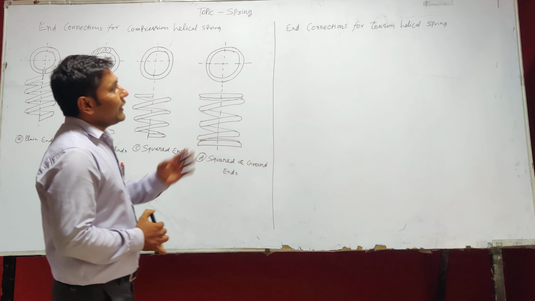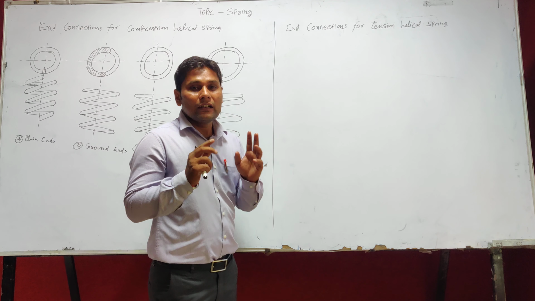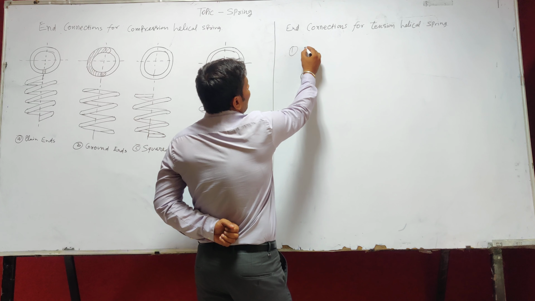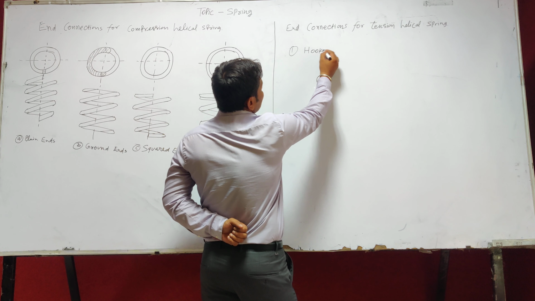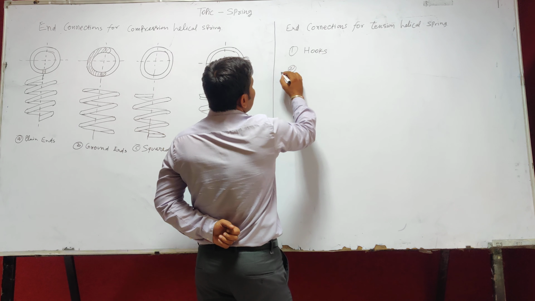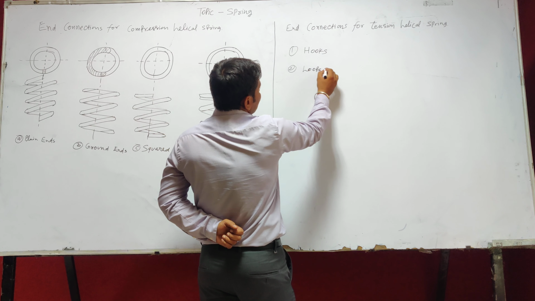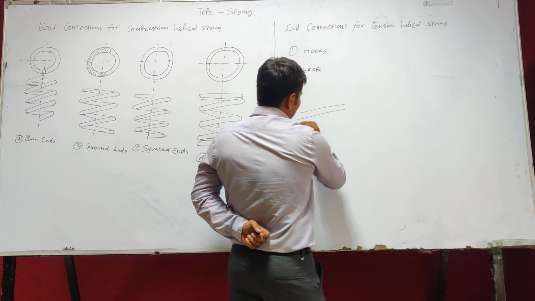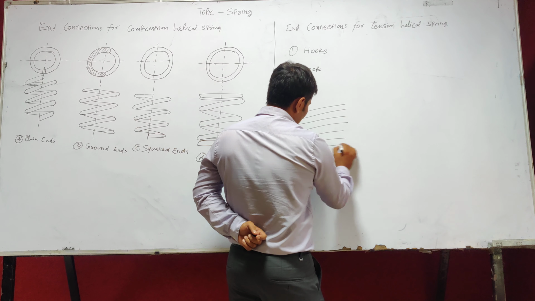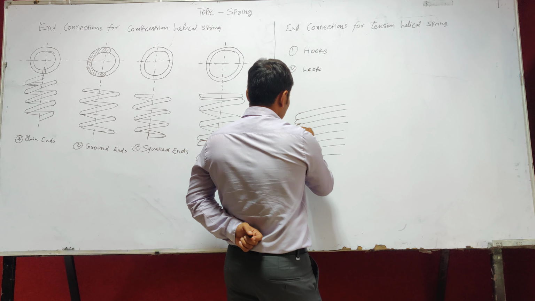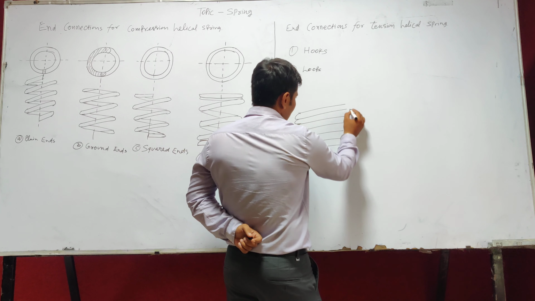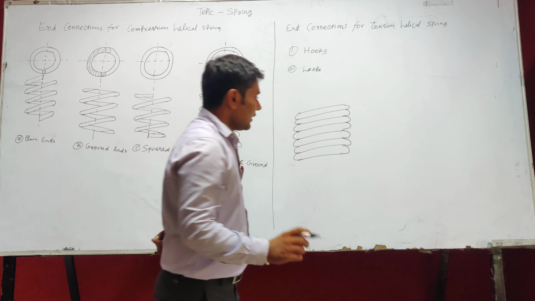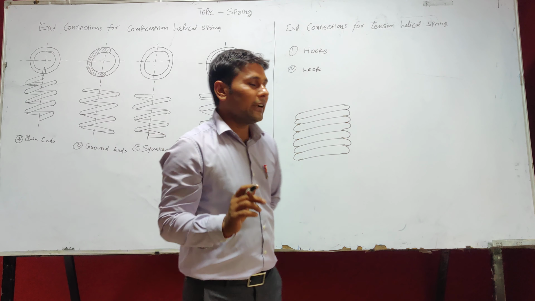For tension helical springs, there are two types of end connection. The first one is the hook type, and the second one is the loop type. In the hook type, a half active coil is used for the end connection like this.